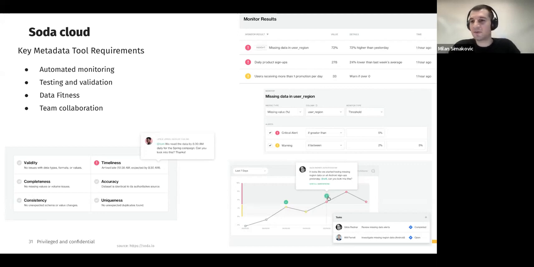One thing that I forgot to mention: when we perform data quality checks with Soda, as a result we receive two, let's say, files or two results. One is measurements, and the second one is failed tests.